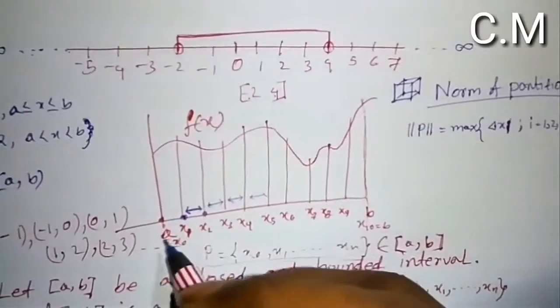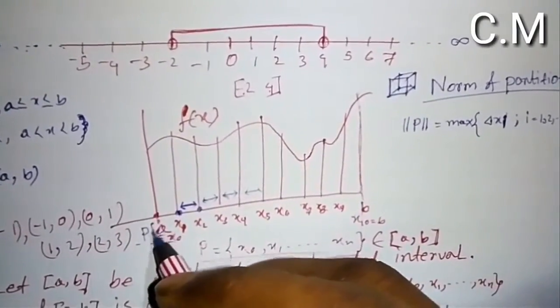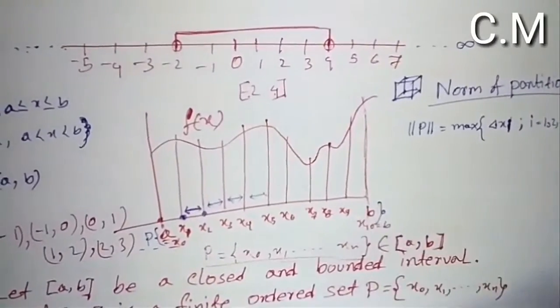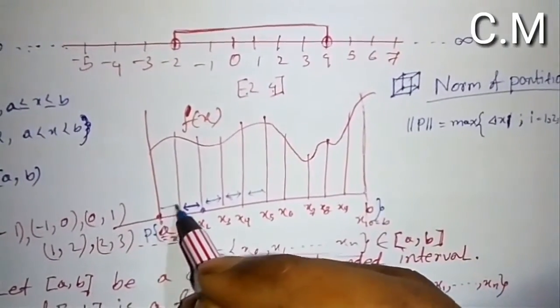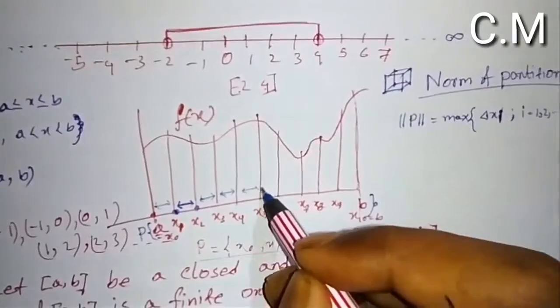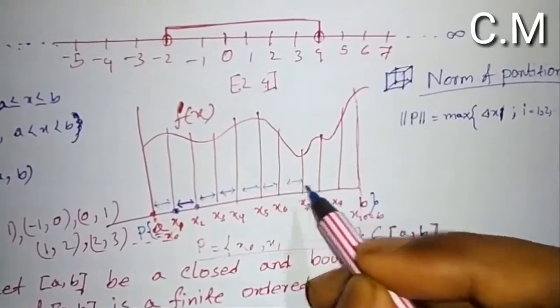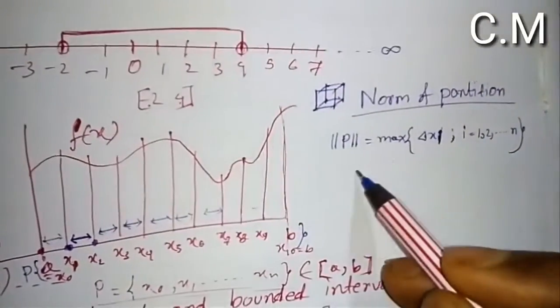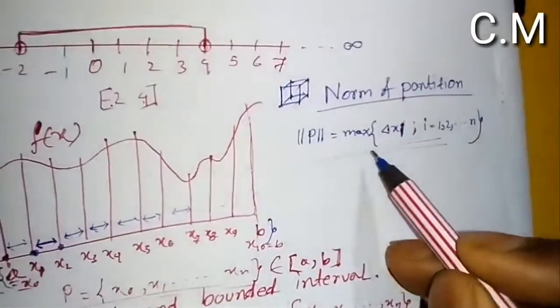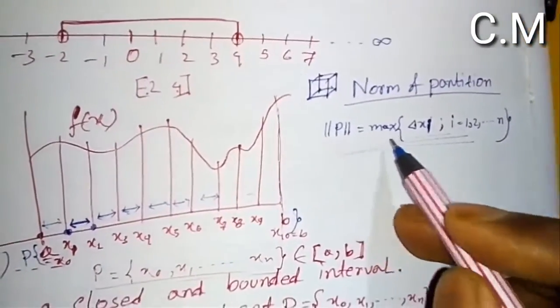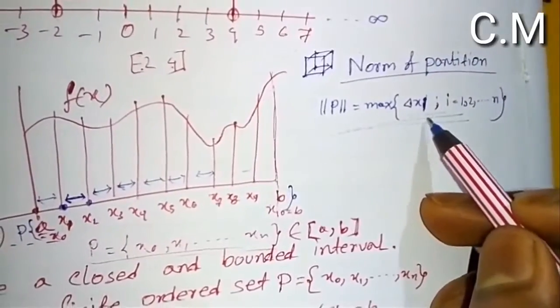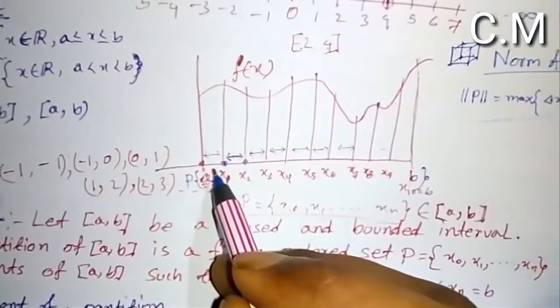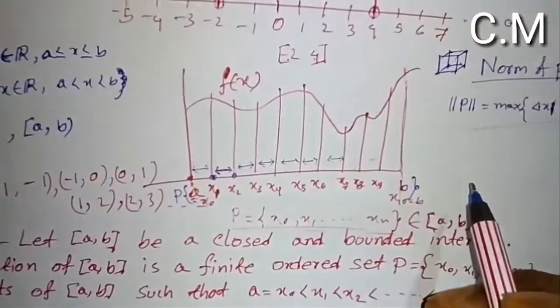If P is the whole partition, then whichever sub interval length is maximum is called the norm of the partition. The norm of the partition means the maximum of del xi, where del xi denotes the length of the sub intervals.